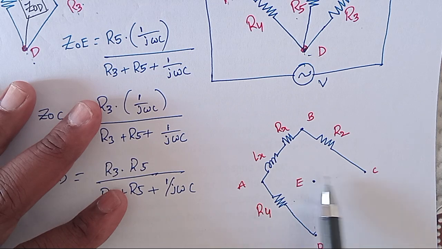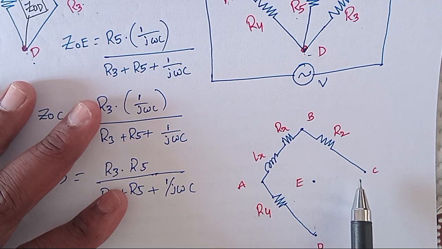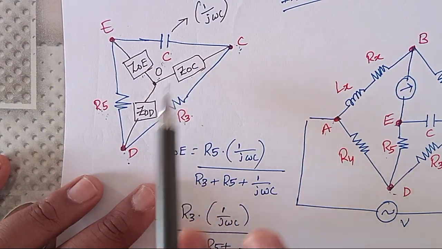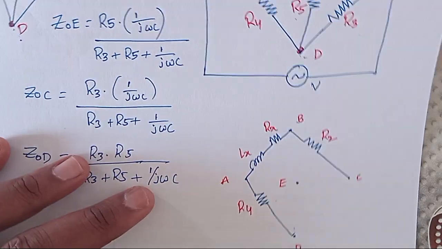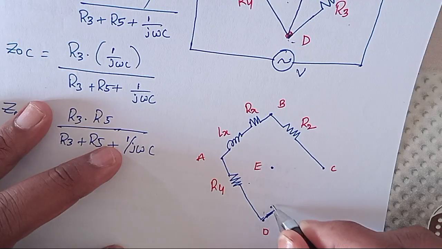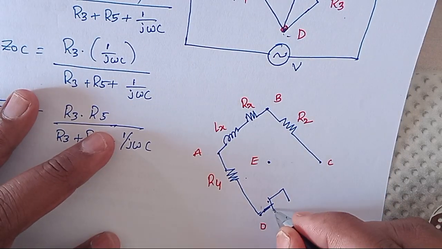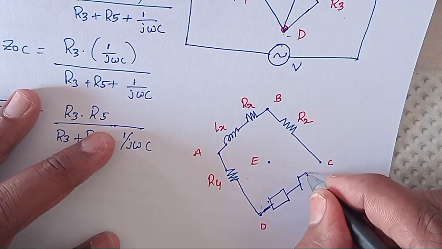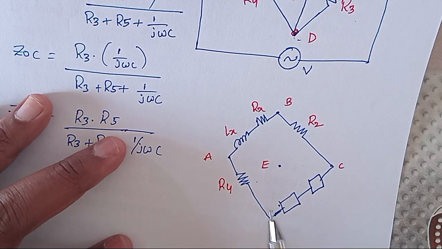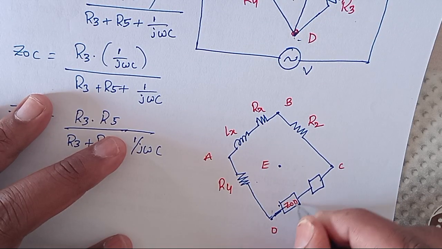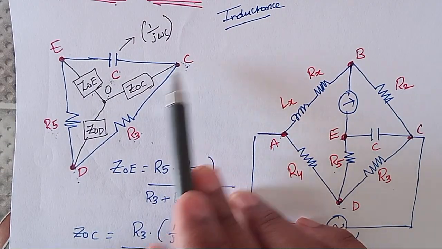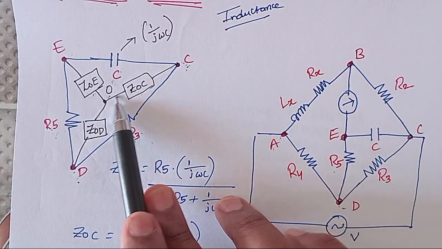That means between these three points the network is changed. I have already discussed that between C and D we have ZOC and ZOD. So look carefully, I'm writing here between C and D, ZOC and ZOD.